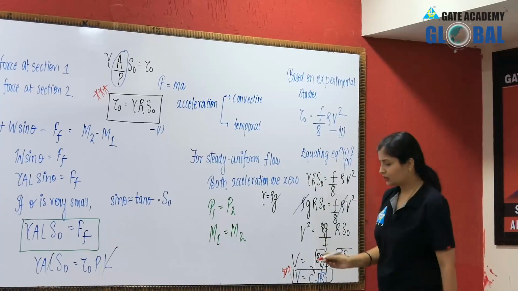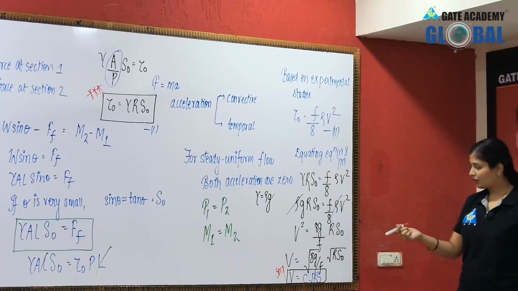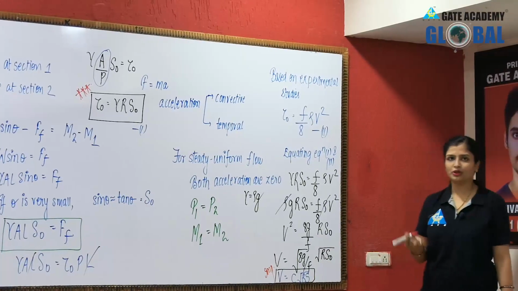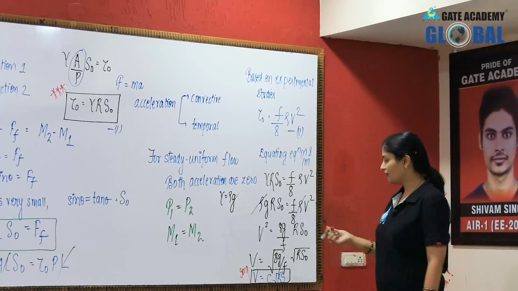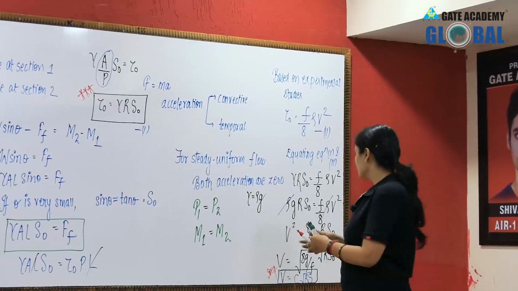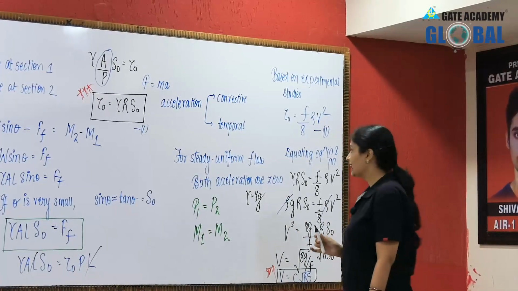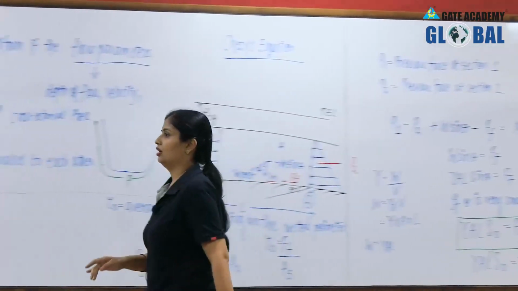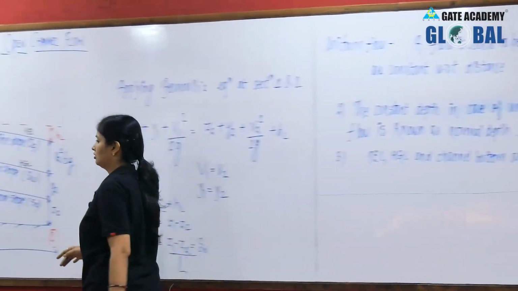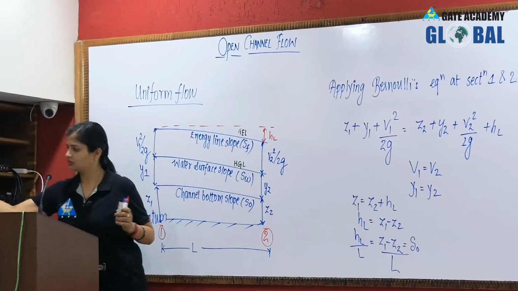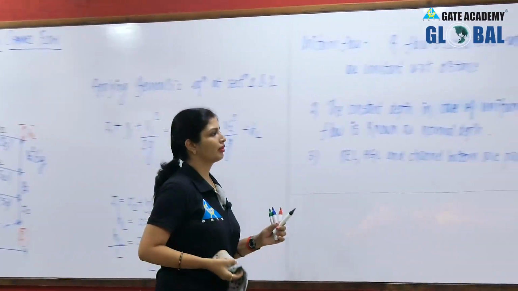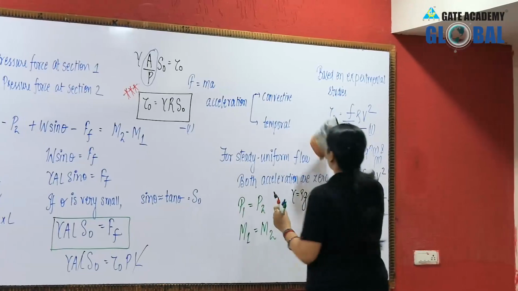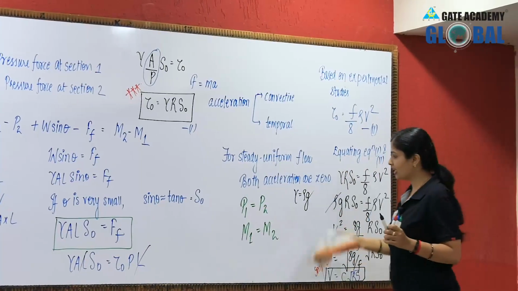V is equal to C root over RS, where R is your hydraulic radius, S is your bed slope, or you can say channel bottom slope, and V is your velocity. Now comes what is your C? I will erase this first. You have written this, right?